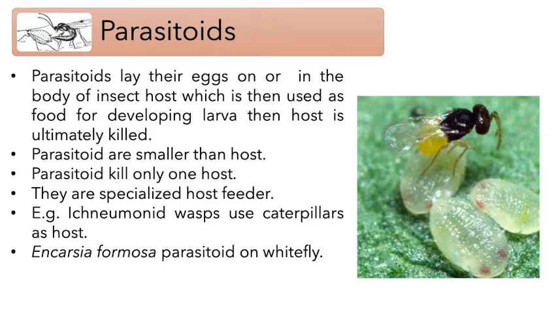They are specialized host feeders, meaning they will not attack any pest other than their targeted pest. The examples include ichneumonid wasps, which use caterpillars as their host, and Encarsia formosa, which is a parasite on whitefly.